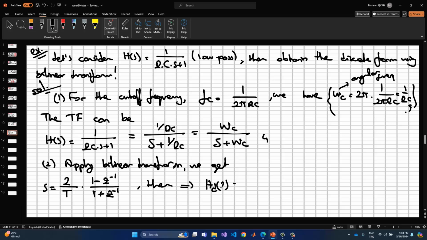This is the z transformation, or the pulse transformation, of this system. And so wc divided by [2 divided by T times (1 minus z^-1) over (1 plus z^-1) plus wc]. Okay? This is our filter representation in the discrete domain. Okay, guys?